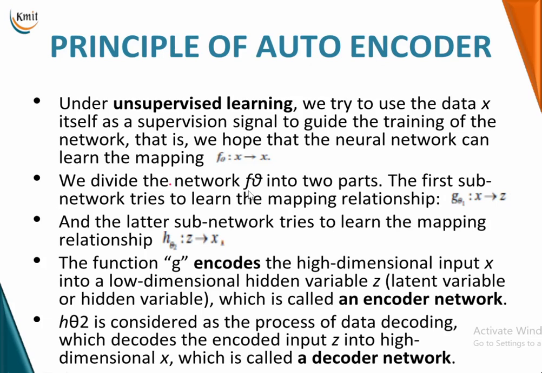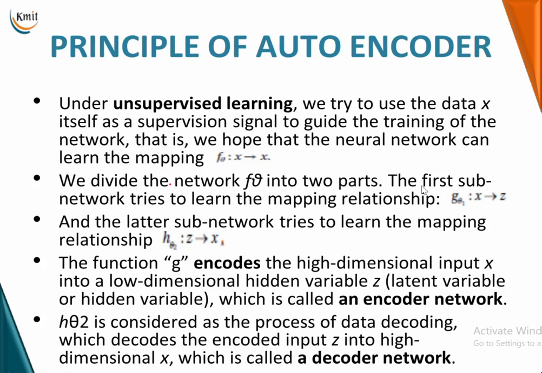We are dividing this particular network f theta into two parts. The first subnetwork, which we call g theta 1, is going to first map x to z, and then z is mapped to x1. We are basically splitting the role of this mapping from directly converting x to x1.